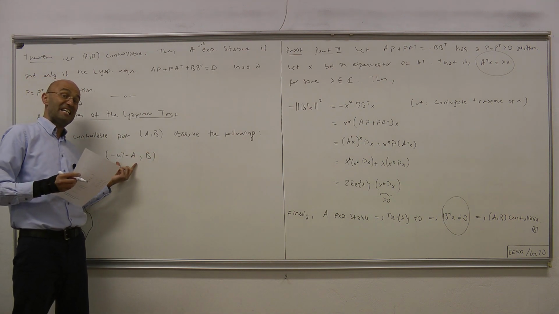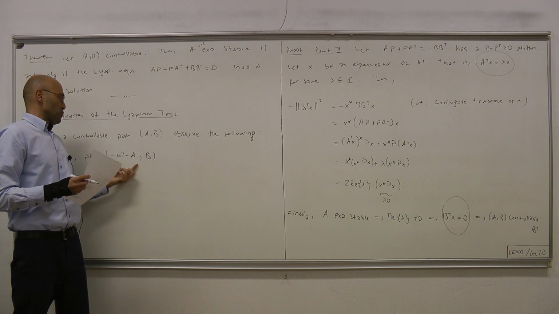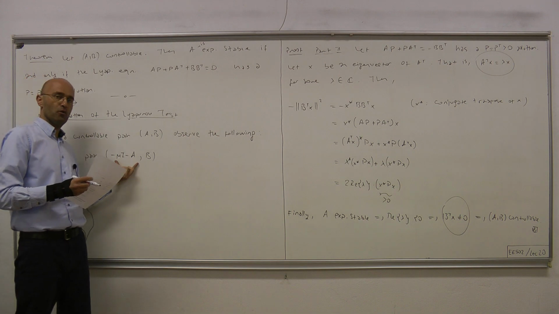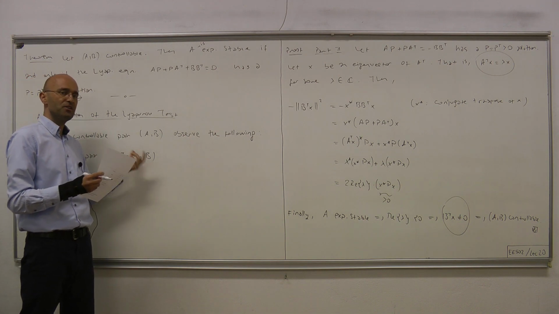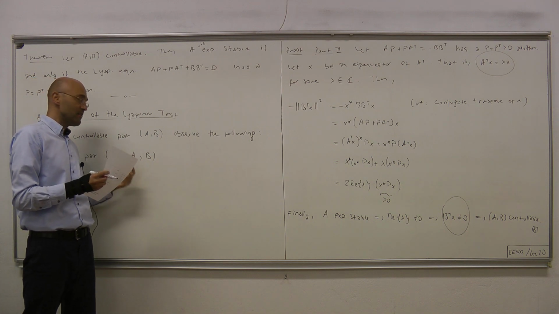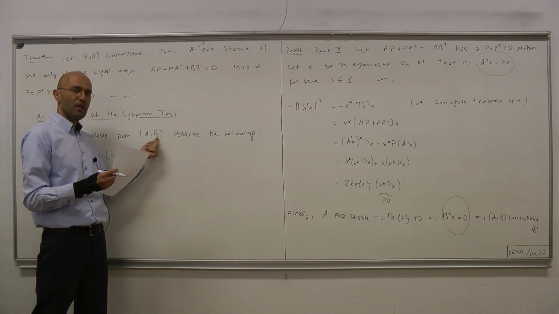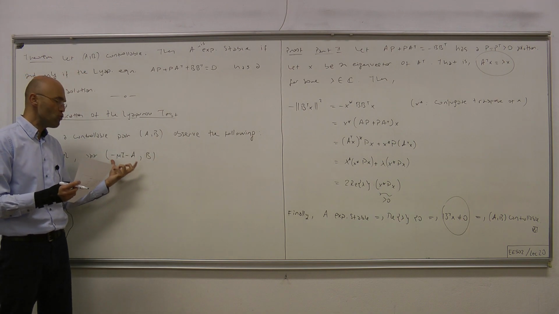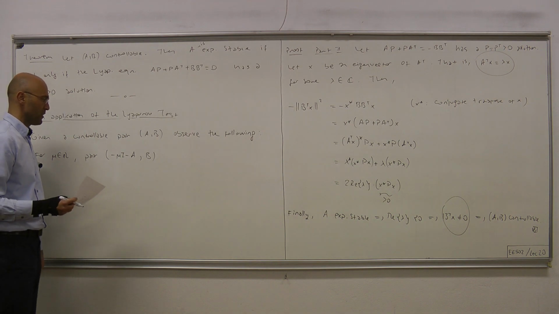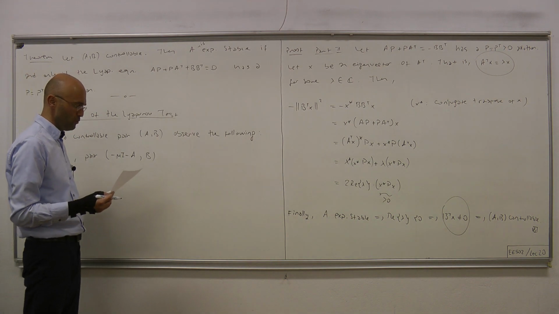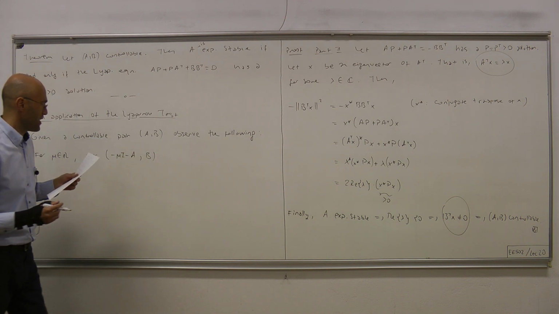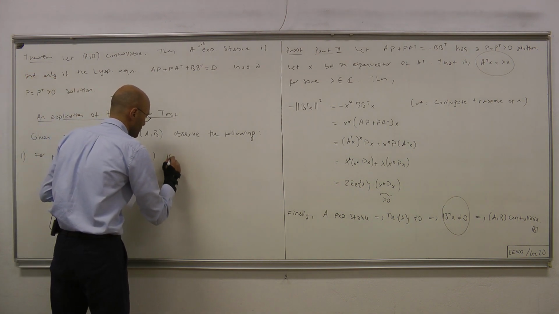We can consider this as A tilde, which we construct from A and mu as follows: minus mu times the identity matrix minus A. So this is a new matrix, A tilde, and B tilde is the same as B. And now this new pair is also a controllable pair. That's the first observation that we need to make: the pair (minus mu I minus A, B) is also controllable.